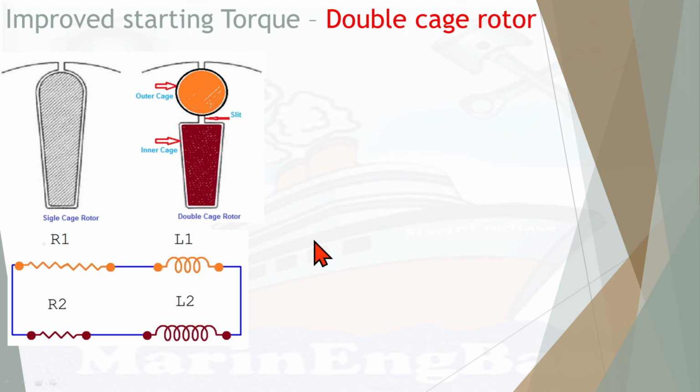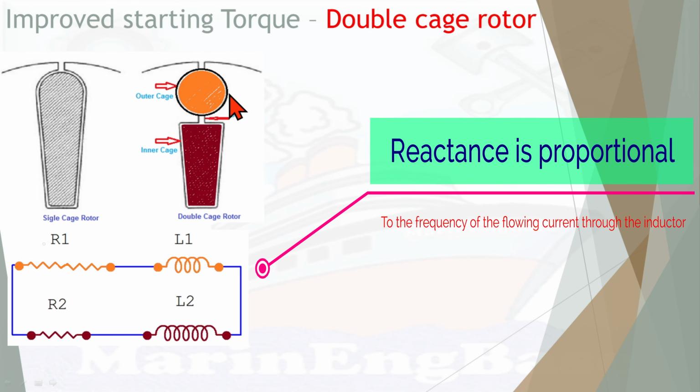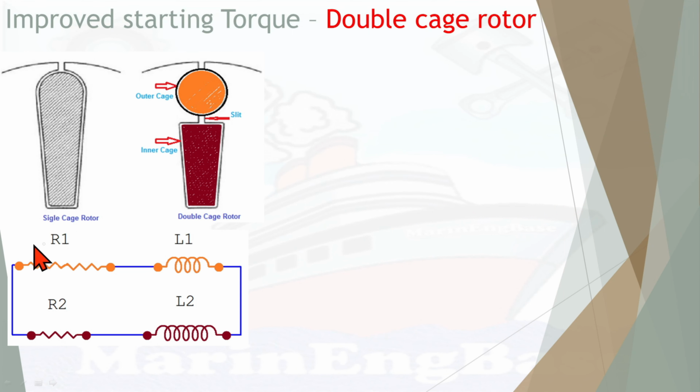So at starting, due to very high reactance, there won't be much current flow in the inner conductor bars. So it will not give any support to create the torque, very minimum effort it will support. But mostly in the outer cage, as it has higher resistance and very little reactance, the current will mostly flow in the outer cage, developing much more torque during starting, as the rotor resistance is high.